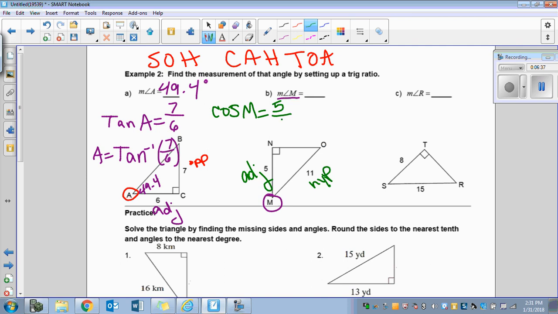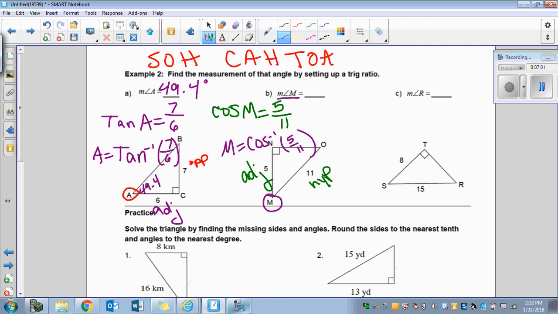which is 11. Now we cannot plug it into the calculator like this, so rewrite it how we write it into the calculator. M equals the cosine inverse of 5 divided by 11. We're only going to use the inverse functions when we're asked for the angles. We're given the side lengths, they're asking us for the angle.